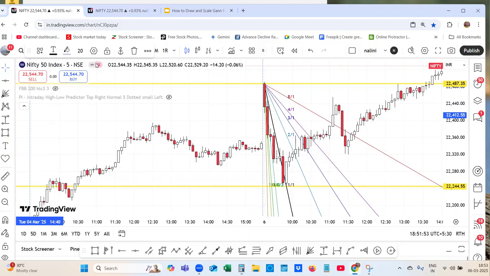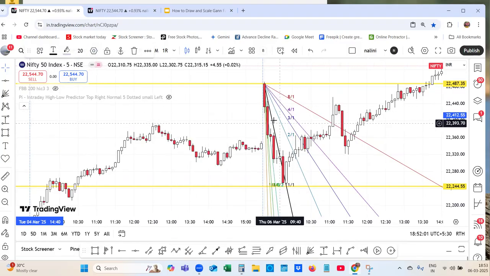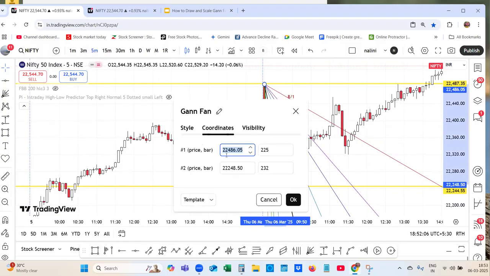Next thing I'm doing is, while calculating for the swing low, go to the Gann Fan setting. So we have got 22,486 as the value.